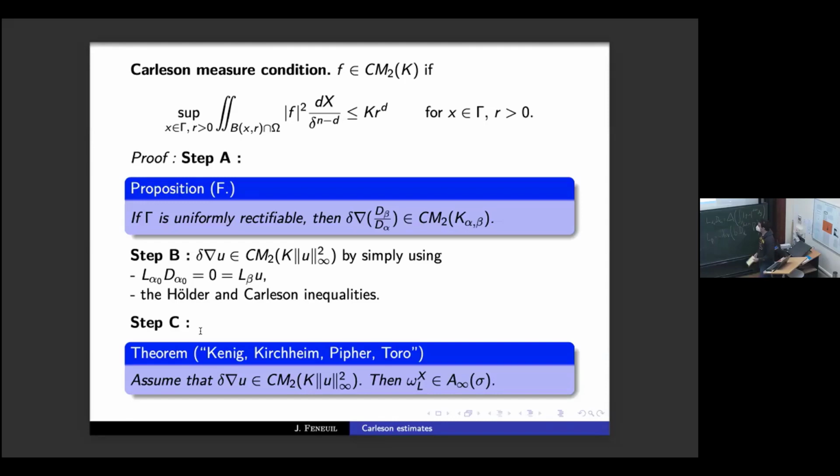Since you know it works with alpha 0, and the second operator is kind of a perturbation of the first one, then you can know that the elliptic measure will be A infinity without going through too much computations.